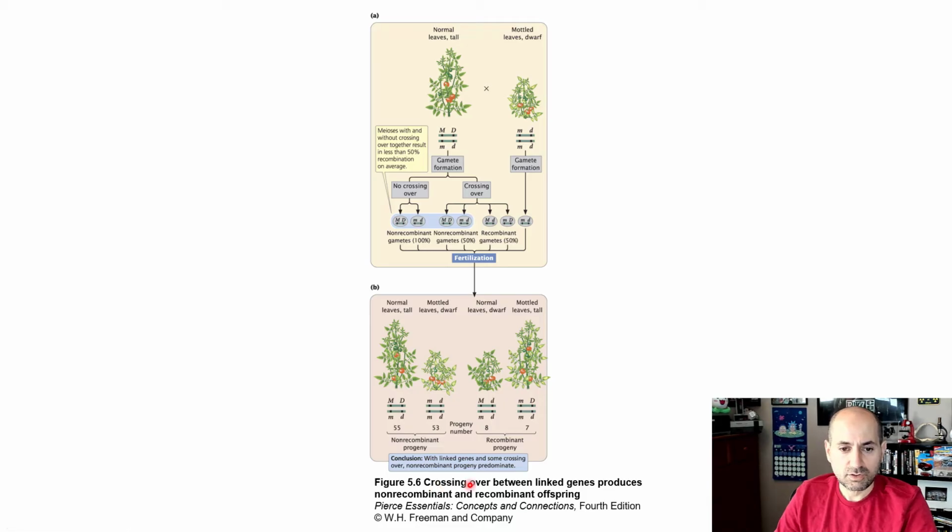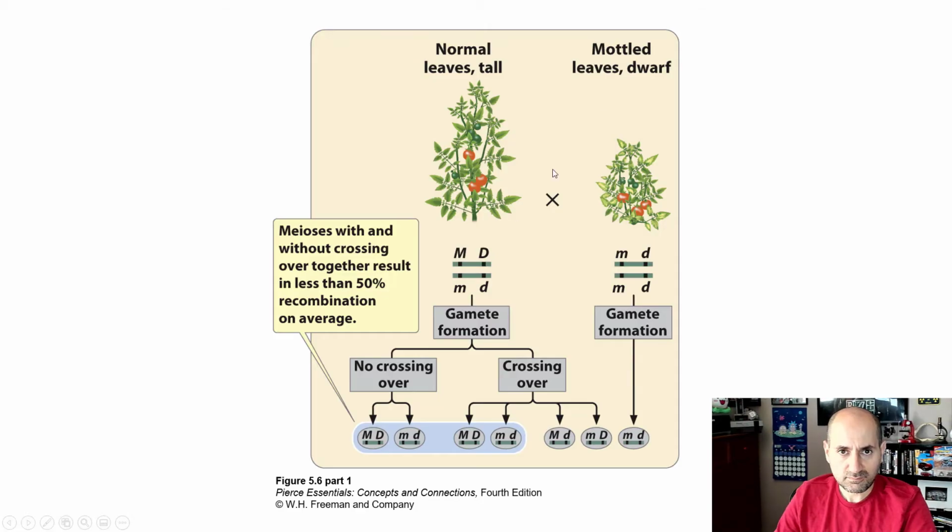It's just a terminology thing that will help you to understand these studies. So here we're looking at crossing over between linked genes producing non-recombinant and recombinant offspring. This would be a linked gene study of the mottled plant. Remember mottled and dwarf? We were looking at this earlier. So here's what we would see. We start with a heterozygote dominant, which is big M, big D, little m, little d.